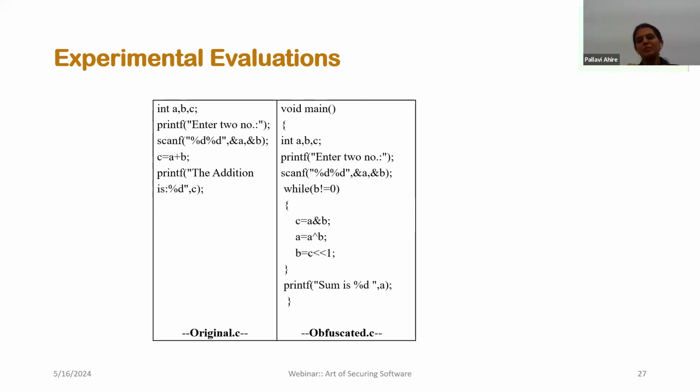So ultimately, if you perform all of these operations, the resultant would be stored in A. And that A is able to give you the addition of two numbers, because ultimately B becomes 0 when you perform these heavy operations of logical shift and XOR. If you perform that repeatedly, B becomes 0. And ultimately, the resultant is stored in A, which is actually the addition of two numbers.